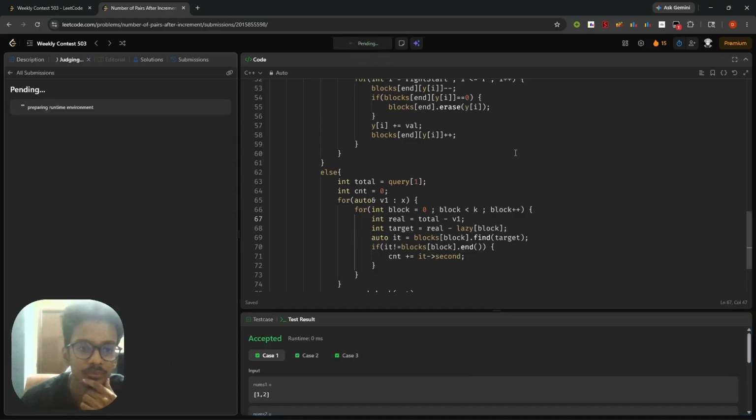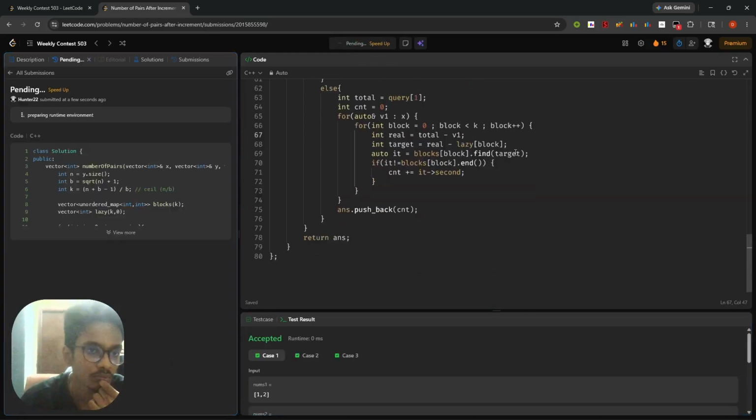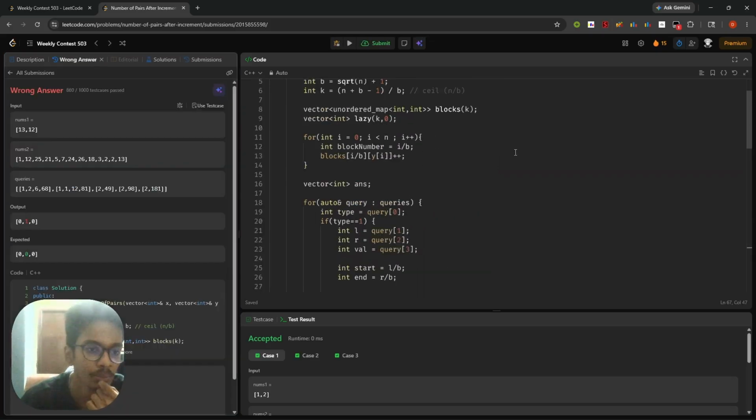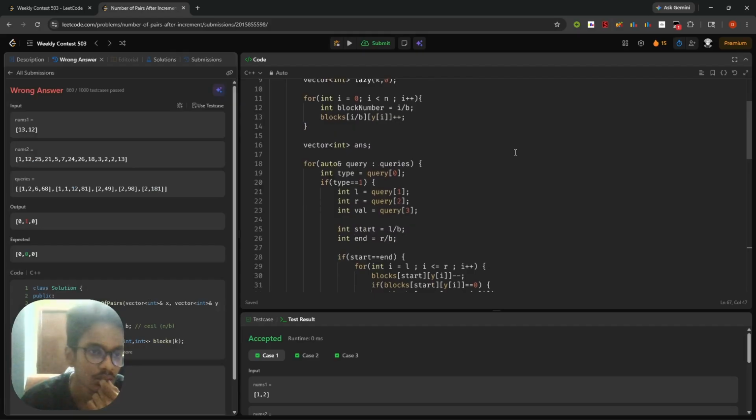I could have coded it a bit faster without proper explanation. And it doesn't pass. Did we miss something?